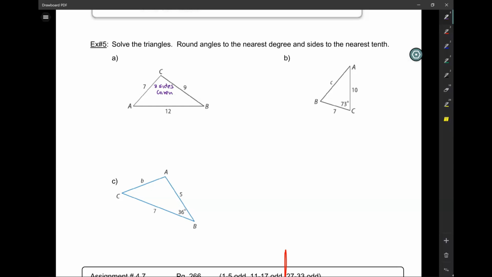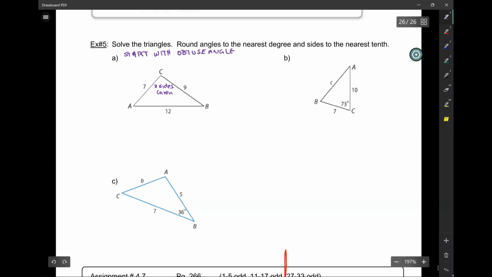When you have three sides given to you and you have to find three angles, you must start with the obtuse angle. That means we have to find C first, right?